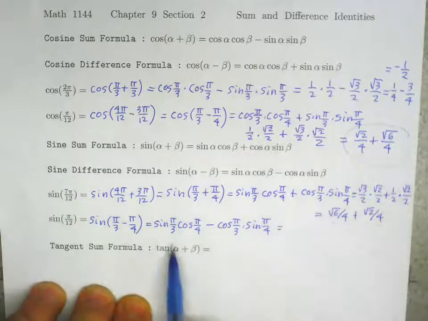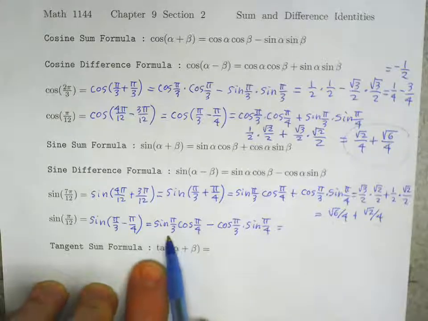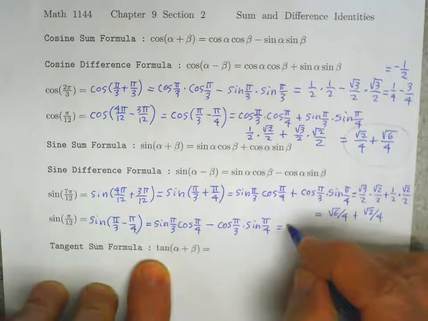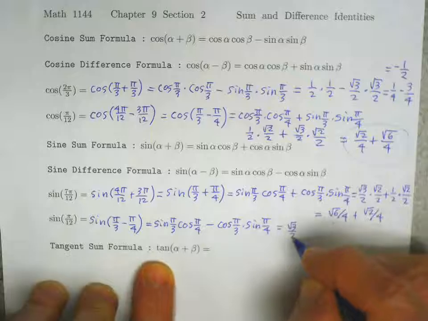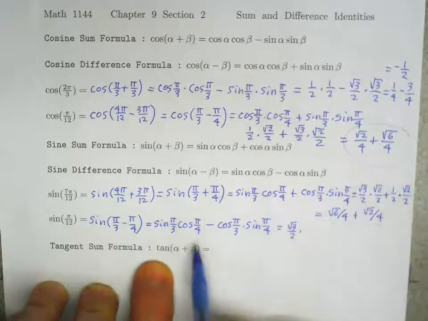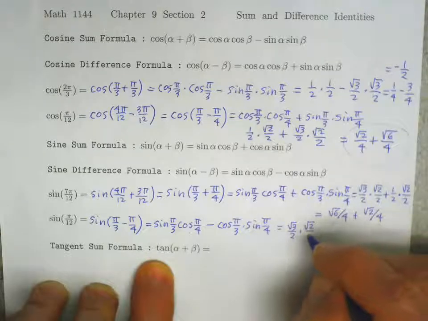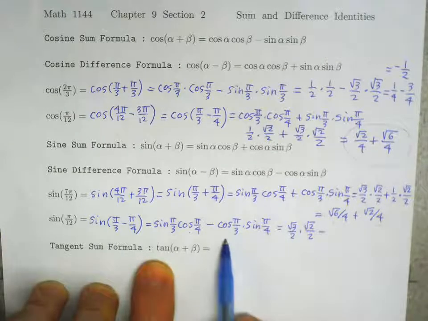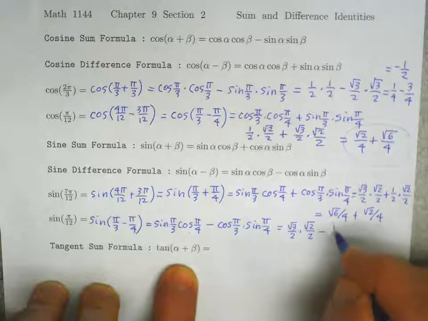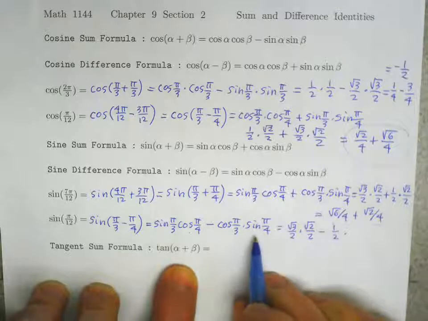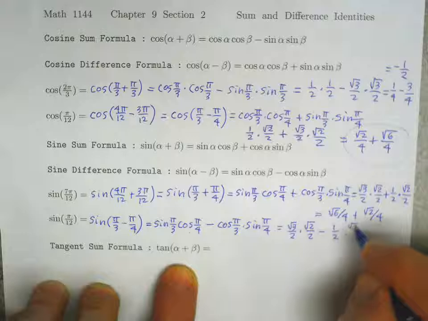Okay, and once again, we know all of those values. The sine of pi over 3 is the square root of 3 over 2. We multiply that by the cosine of pi over 4, which is the square root of 2 over 2. And then we subtract. Cosine of pi over 3 is 1/2, and the sine of pi over 4 is the square root of 2 over 2.